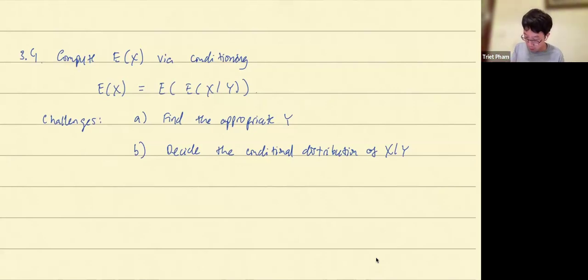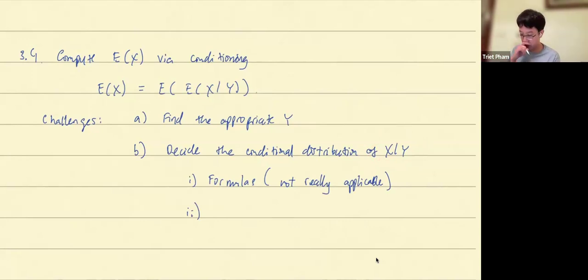So yes, the formula might be helpful, might be relevant, but probably not really, let's say, applicable. Let's put it that way. Okay. The second one, the only thing we can say here is just kind of read into the context and see what's going on. That's all we can say.